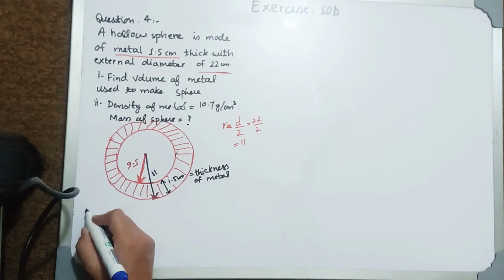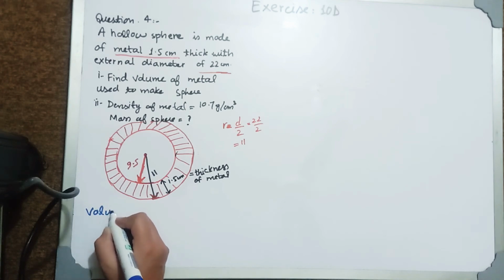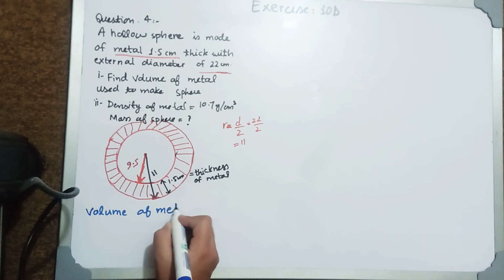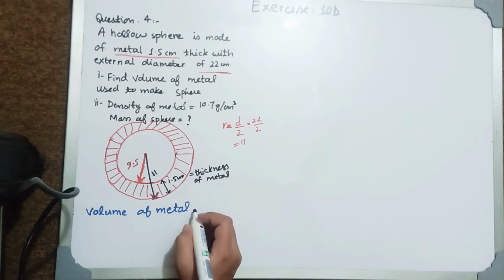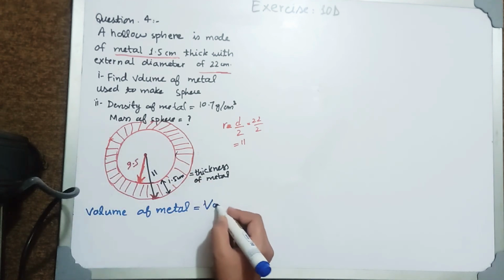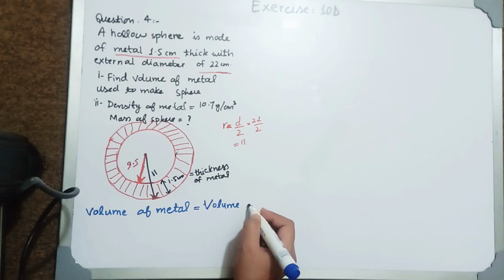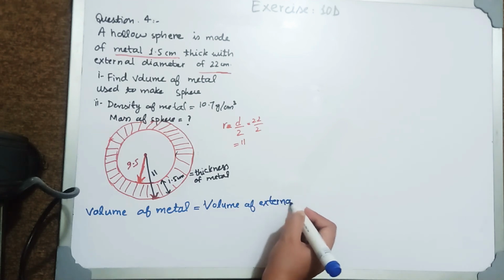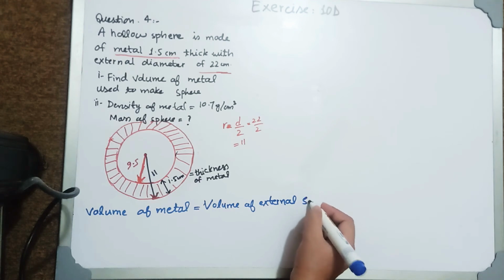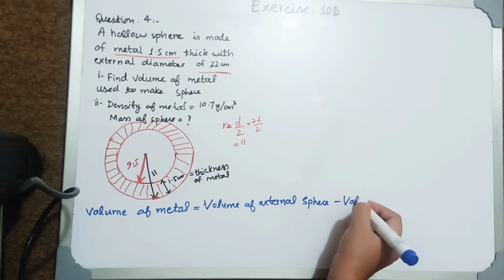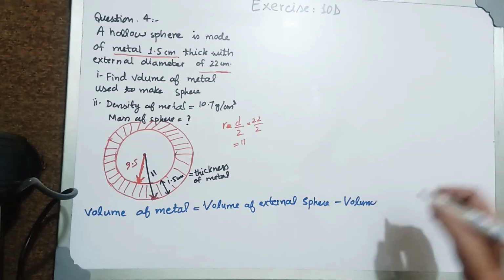Volume of metal that is used to make the sphere is equal to volume of external sphere minus volume of internal sphere.